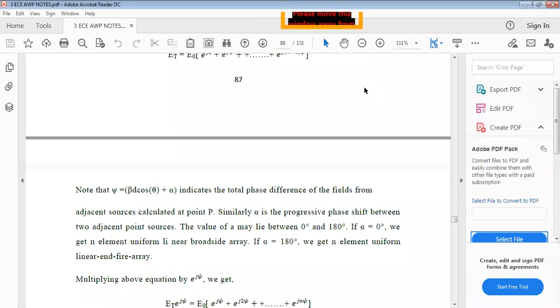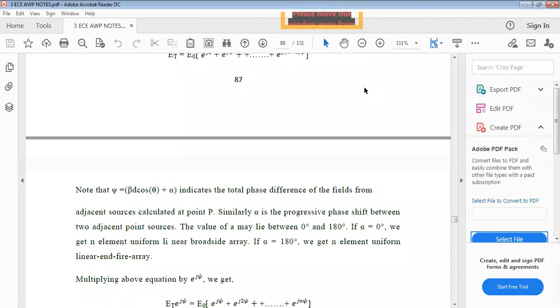Later we went on to the two element array. What is the radiation field strength of a two element array, and its array factor? That array factor is also defined. How did we start the expression for the electric field strength of a two element array?